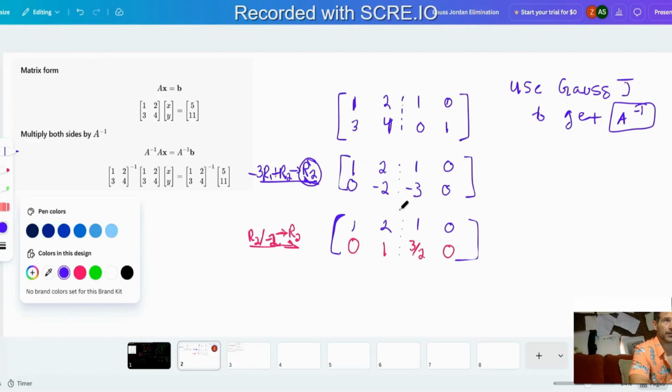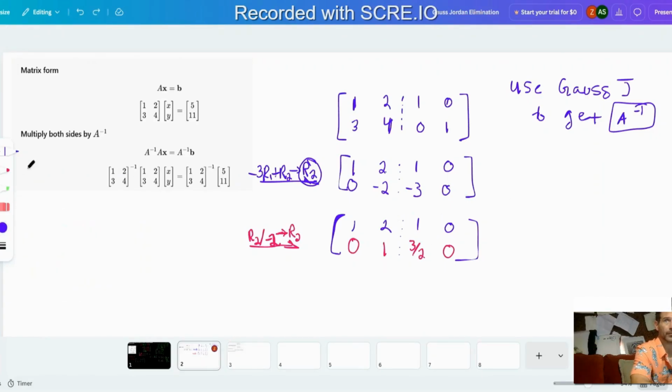But we need a 0 here, don't we? Now we need a 0 in entry, let's see, 1, 2. The ith row, jth column, 1, 2 is the entry there for 2.